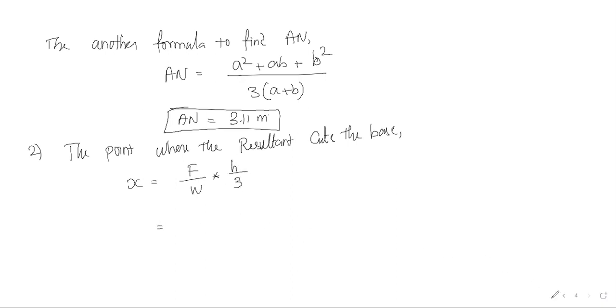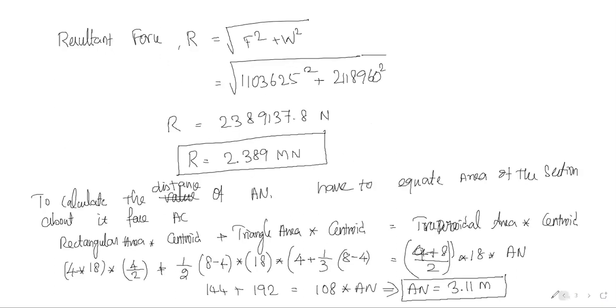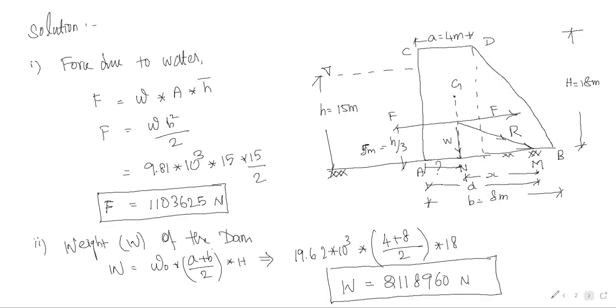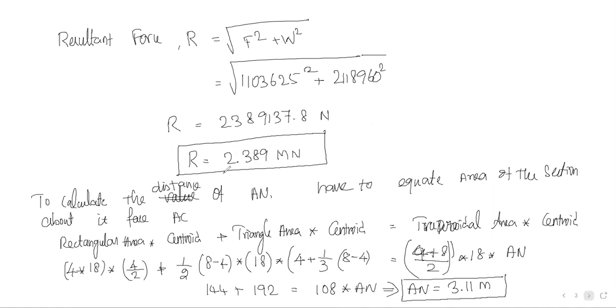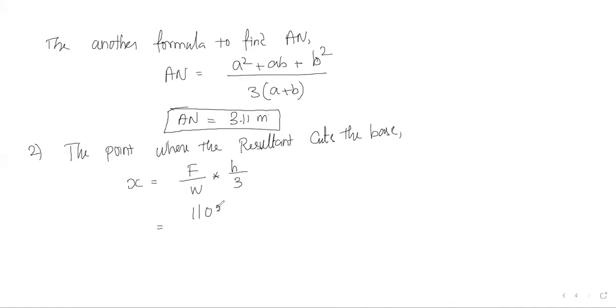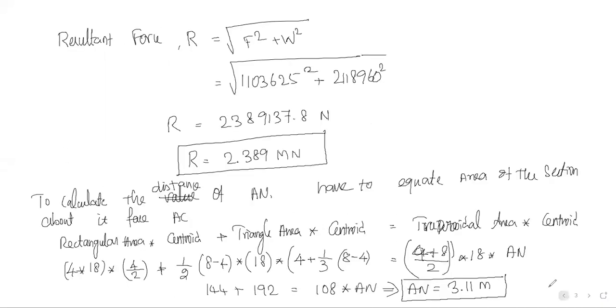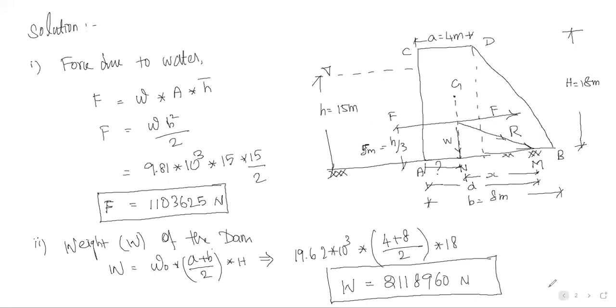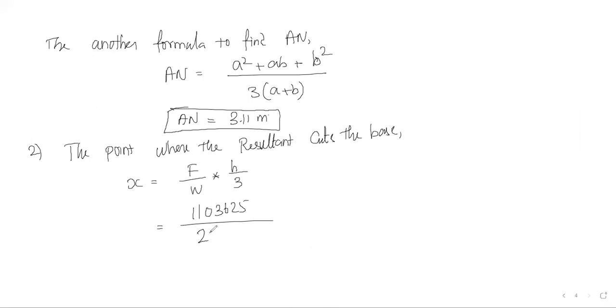So f value is 1103625. W value is 2118960, multiplied with h by 3. So small h divided by 3.